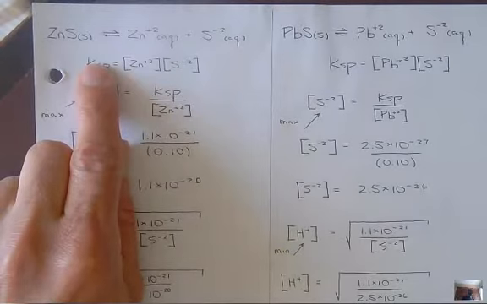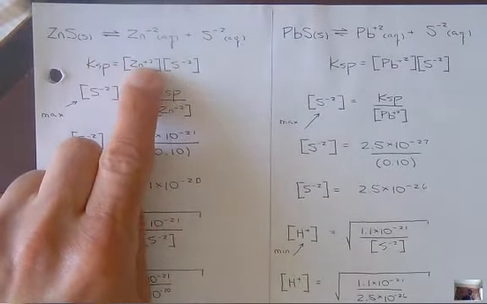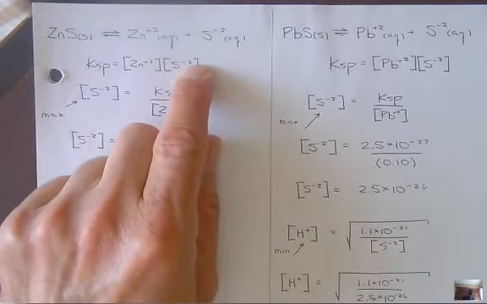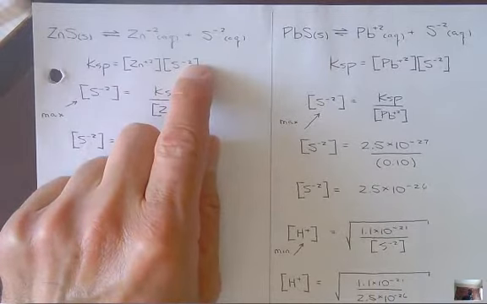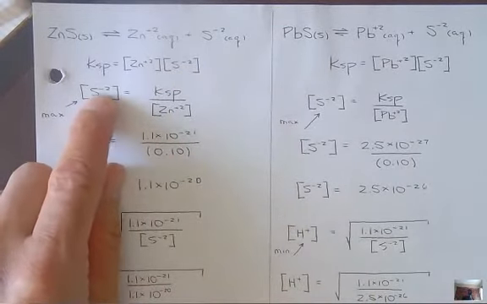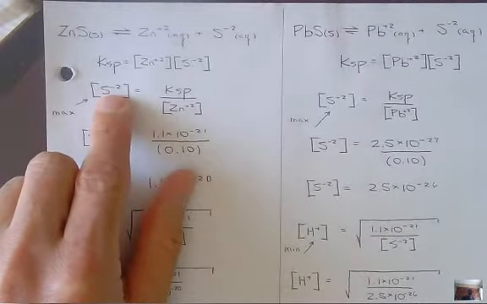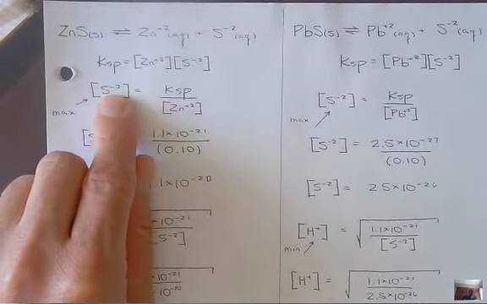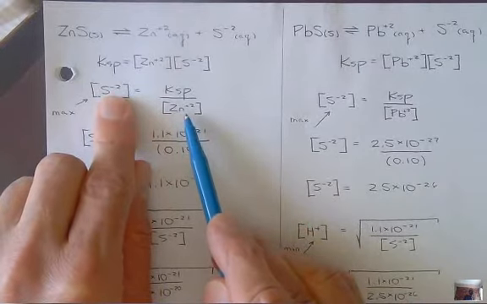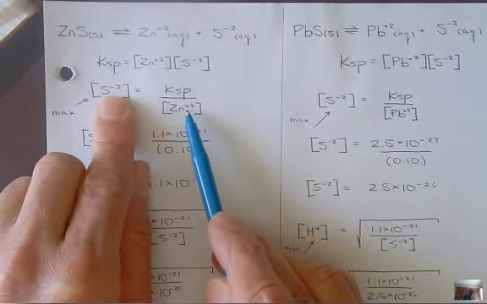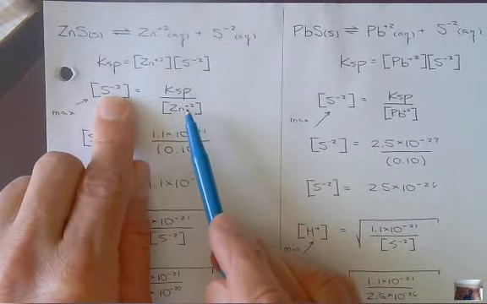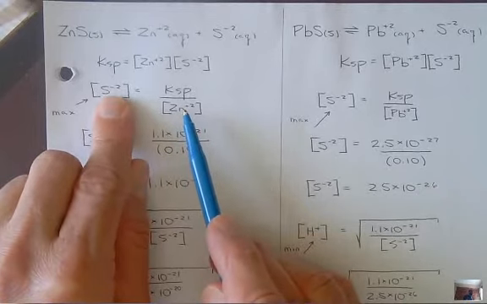Ksp is equal to the zinc concentration times the sulfide ion concentration. We want to solve this for the maximum amount of sulfide that could be in solution. We know the zinc, because in the question they told us we have 0.1 molar zinc. So we want to see what pH I need to go to get this zinc sulfide to precipitate.